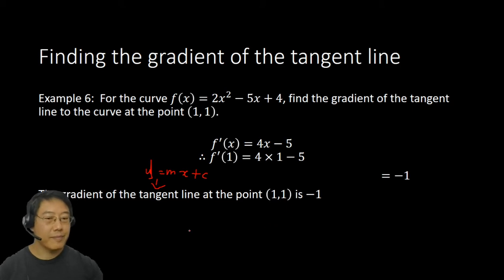Yes, that's fine. Okay. Now, there are two ways you can do it. You can do it this way: you substitute the coordinate (1, 1) into here. Or the other way is you do y minus y1 equals m bracket x minus x1.